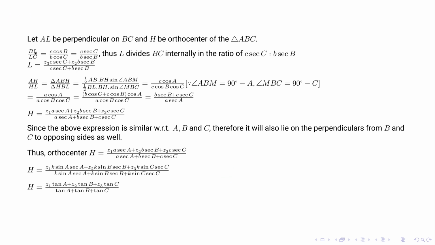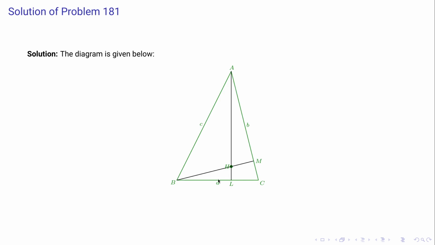So if you see BL by LC, BL by LC will be C cos B by B cos C. So BL, if you see in this triangle, triangle ALB, this is C. This angle is 90 degree. So we take cos B will be BL by AB, that is base by hypotenuse.